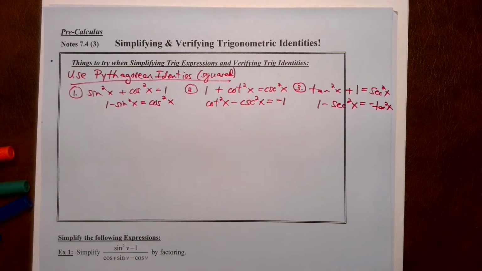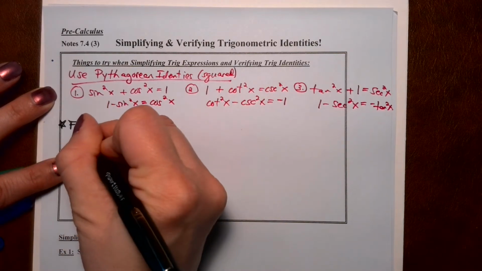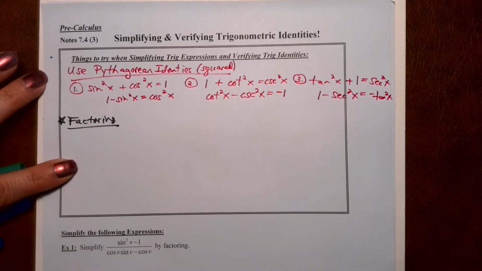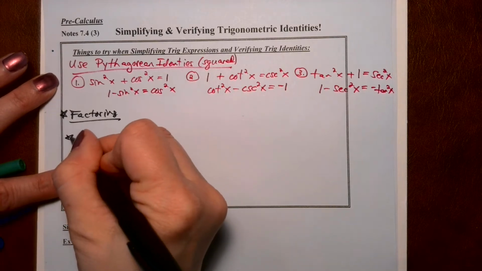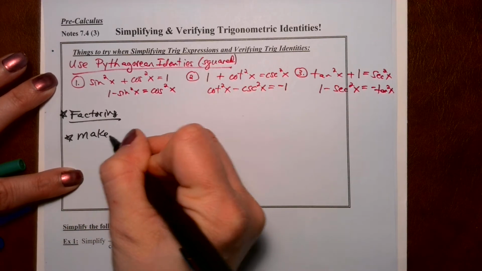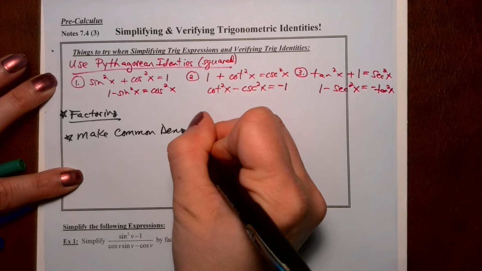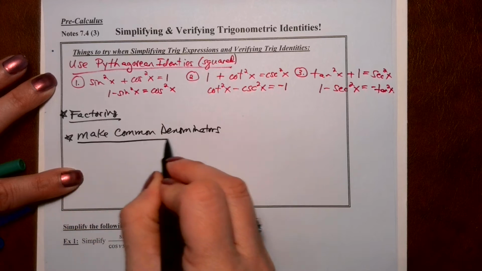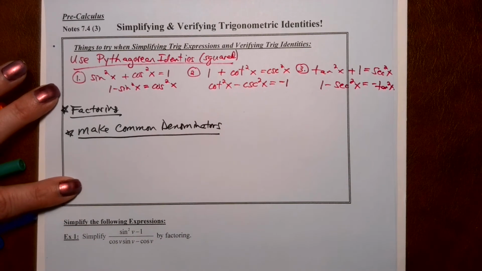Another technique that we talked about a little bit was factoring. So take a look and see if you could factor. Can you factor anything out? You can make common denominators. Making common denominators is a good technique, but again, only if you see fractions. If you don't have fractions, that's not going to be a good technique.